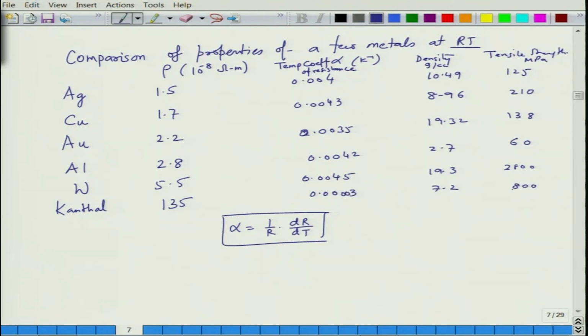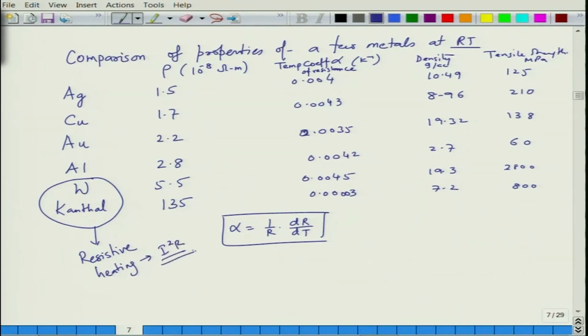That is why canthal is generally used in furnaces, where you don't want a very high coefficient, where you want high strength as well as high resistivity for heating. The resistance of tungsten and canthal is essentially useful for resistive heating, because of the I square R term.